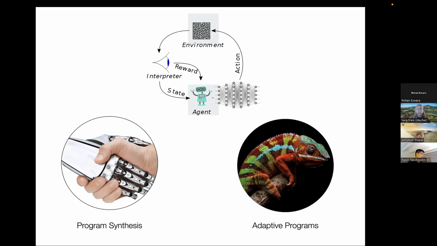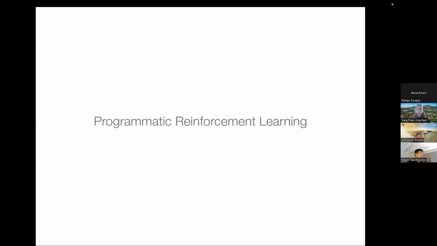That could be a structured program with different types of variables, with recursion and whatnot. You would like to have your reward signals given as a program, too. And this reinforcement learning setting, where different components of it are given to you as a program, we dub programmatic reinforcement learning. Reinforcement learning where different components are programs themselves.